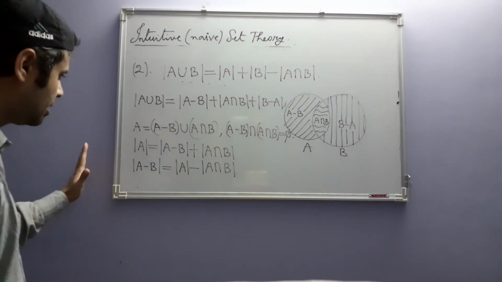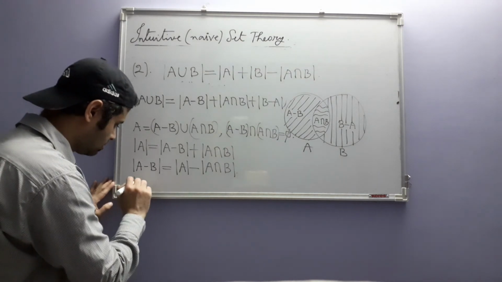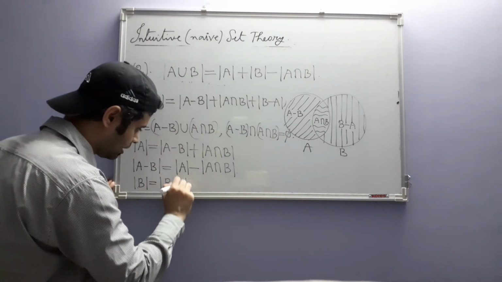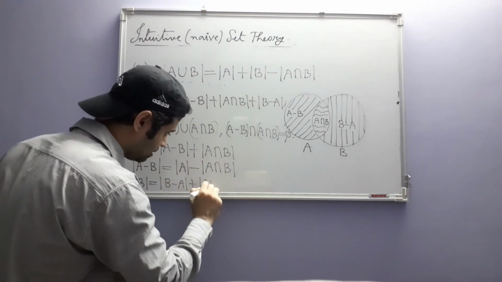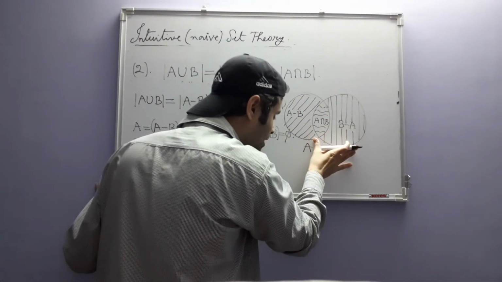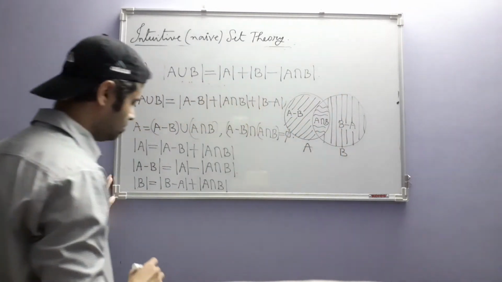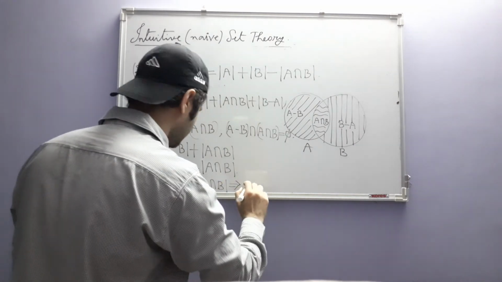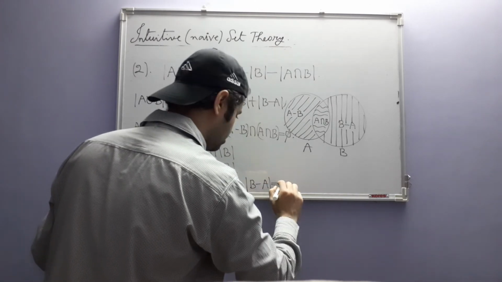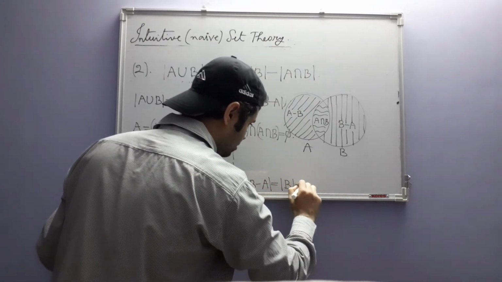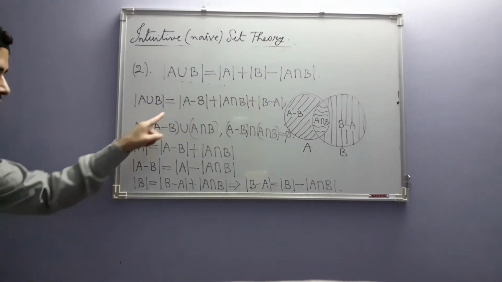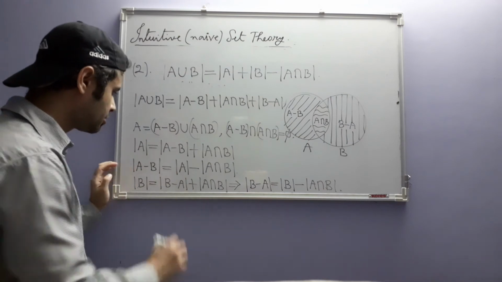Okay. Similarly, we can write like this: B is equal to B minus A union A intersection B. So from here we get cardinality of B minus A equal to cardinality of B minus cardinality of the intersection. We now have expressions for these.